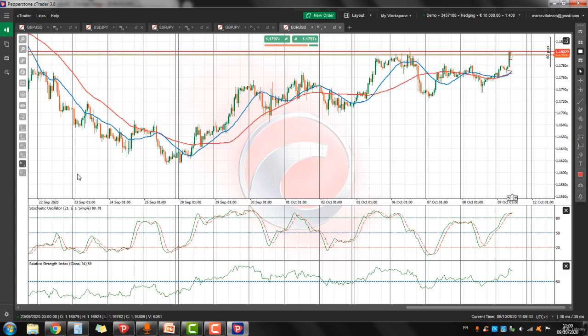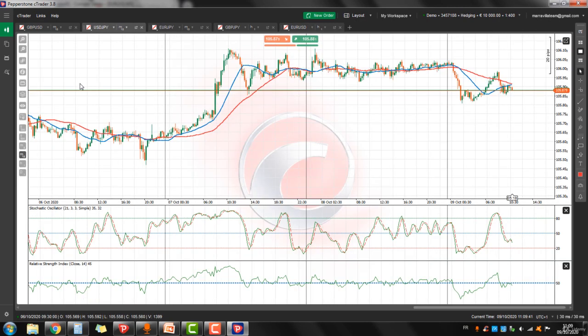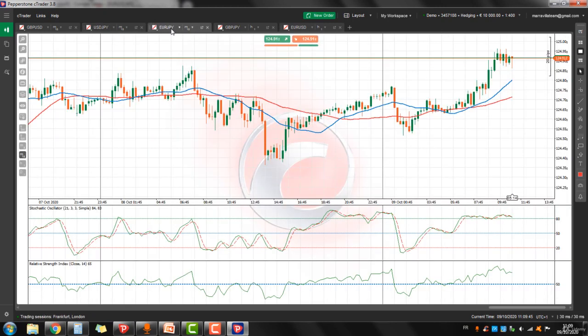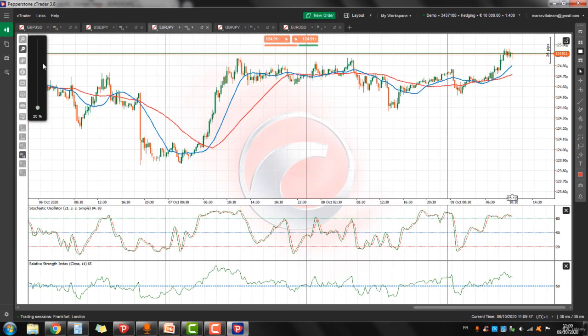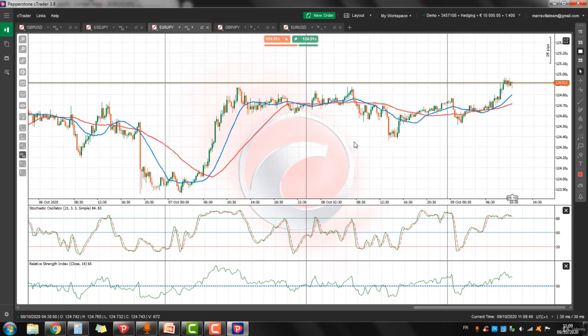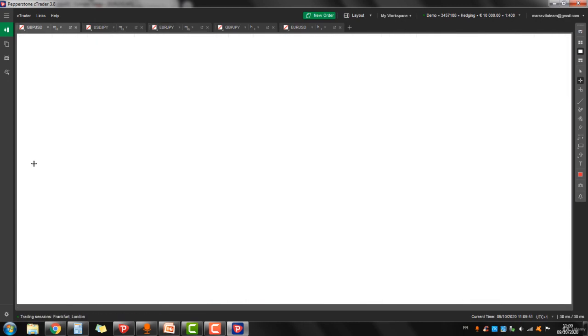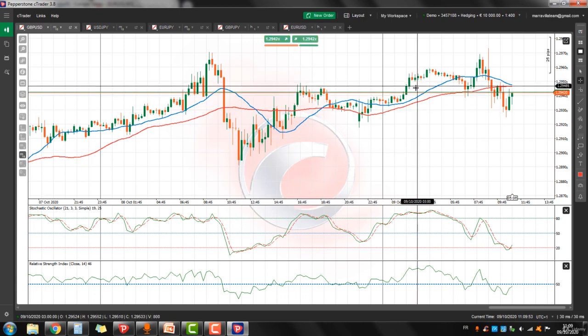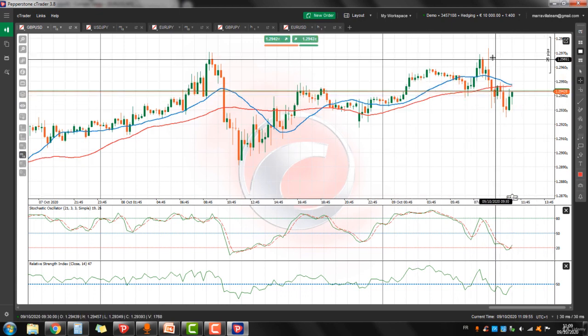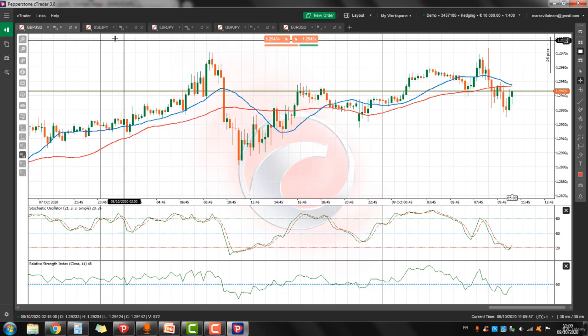This is the secret that I'm talking about. I am not developing this right now, but I just want to let you know. Here we have the GBP USD doing nothing at this time.